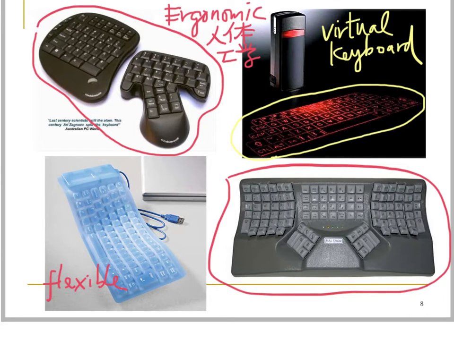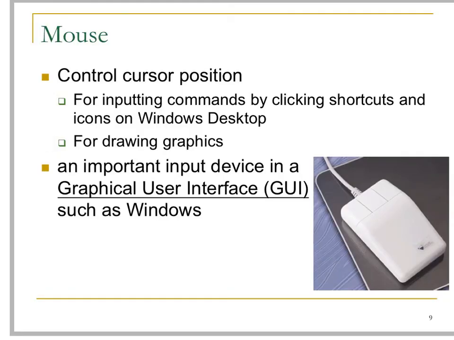Next we come to the mouse, which is mainly used to control the cursor movement or the cursor position. It is also commonly used to input commands by clicking the shortcuts or icons on the Windows desktop. Drawing graphics is also very easy with a mouse. Actually, it is very difficult to draw graphics using a keyboard, but you can do this very easily with a mouse.